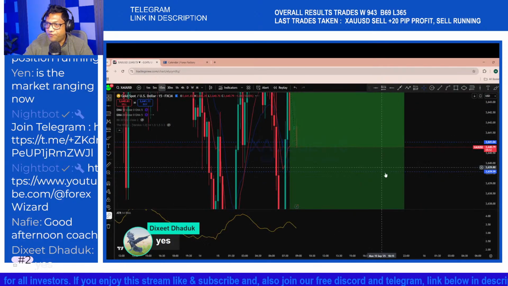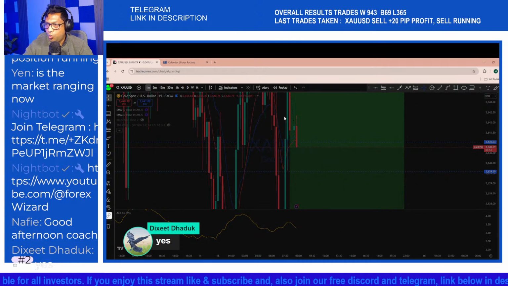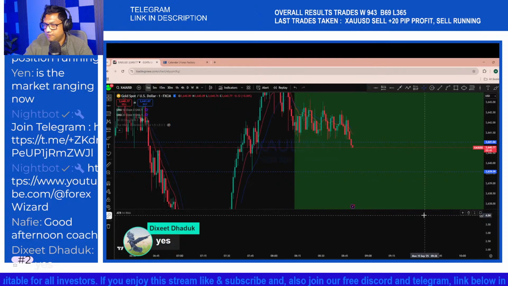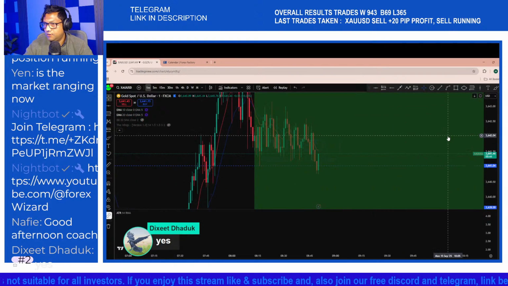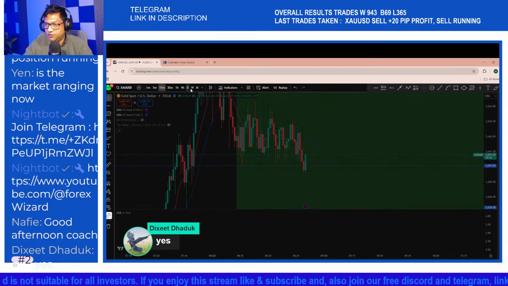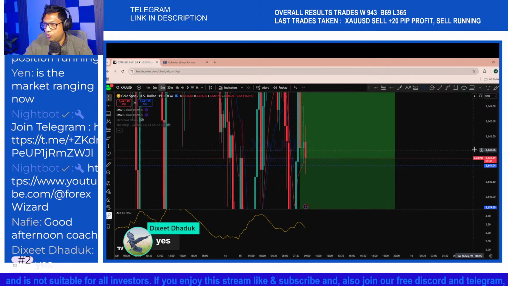So it's coming to that fair value gap here, where there's an imbalance in the market, and it might just try to move up and down.